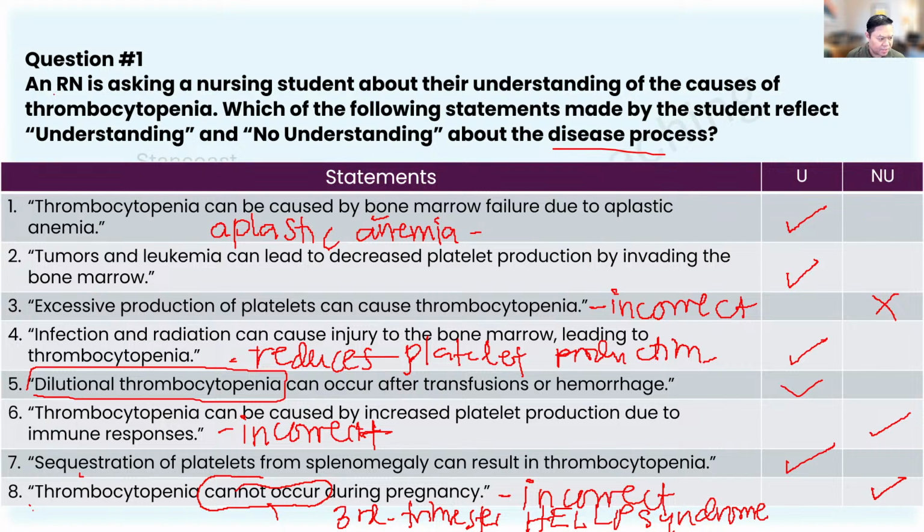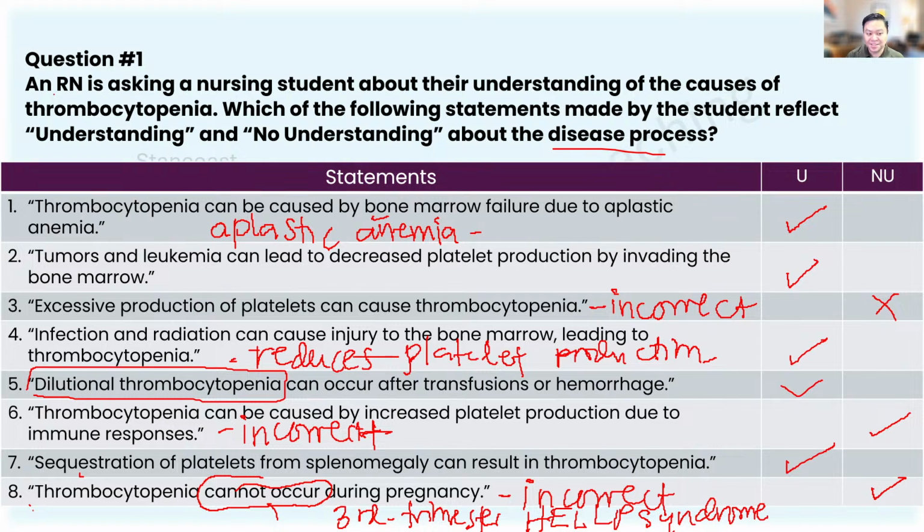I believe so. So this statement is wrong because a patient, especially when pregnant in the third trimester, has a risk of developing thrombocytopenia, especially when they end up with HELLP syndrome. They're going to end up bleeding. So with number 8, thrombocytopenia can occur in pregnancy.